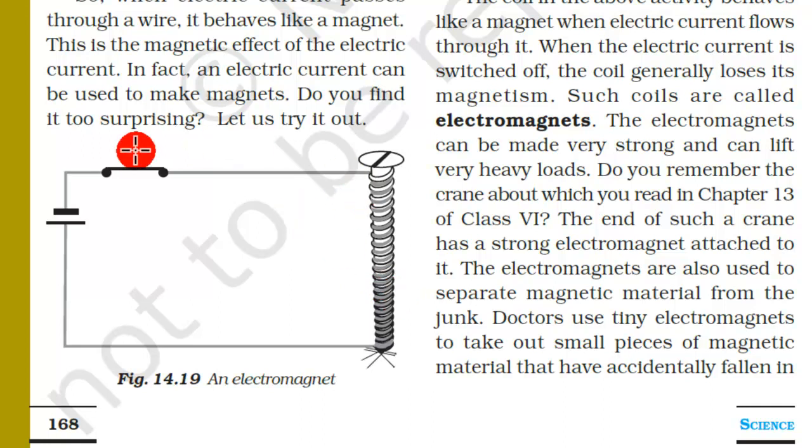Here, when the circuit is closed, the iron nail becomes just like a magnet. So such coils are known as electromagnets. This is the magnetic effect of electric current. That is, we have to remember that an electric current is always accompanied by a magnetic effect.